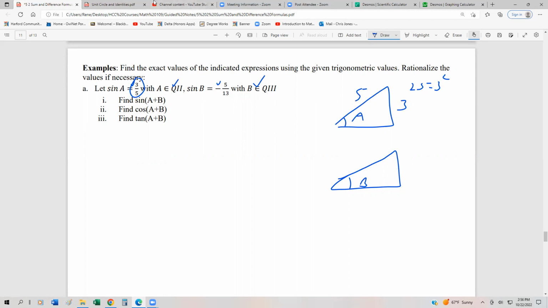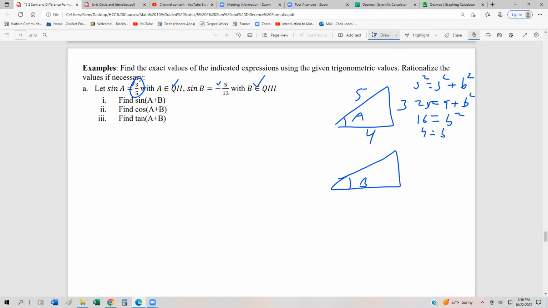So 5 squared equals 3 squared plus b squared. 25 equals 9 plus b squared. Subtracting 9 from both sides, 16 equals b squared, so 4 equals b.